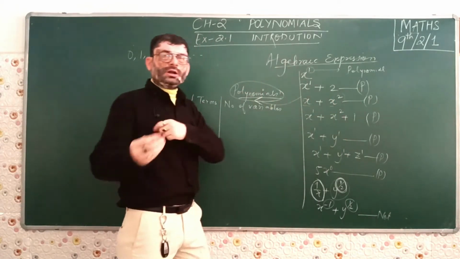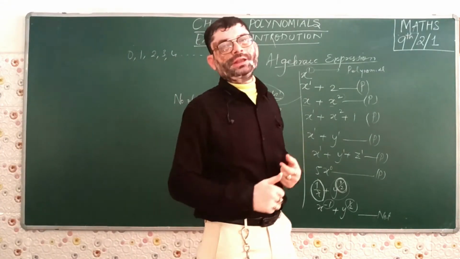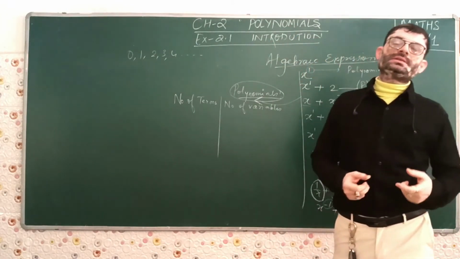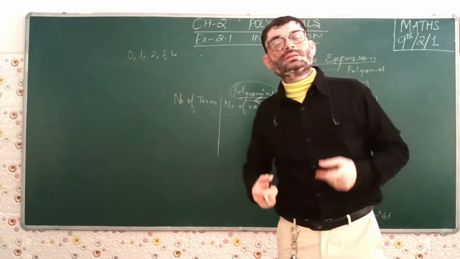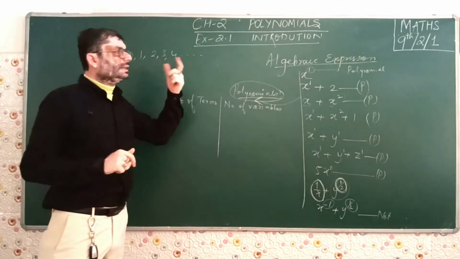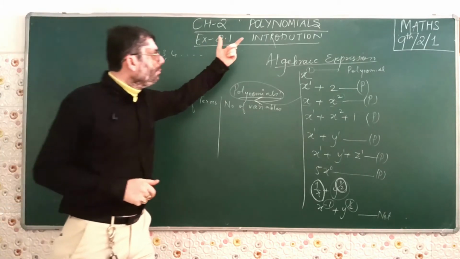That means for an algebraic expression to be a polynomial, whether it has one variable, two variables, or more than two variables, the power of each variable should be a whole number. Then only can an algebraic expression be termed a polynomial.